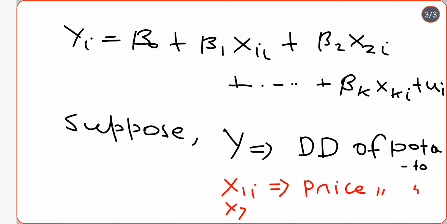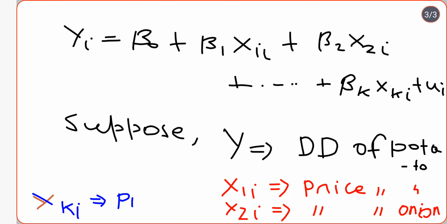Similarly x2i is the price of a relative commodity of the potato, or it is basically the price of onion. So the price of onion can also affect the demand of the potato. And the last one I am talking about is xki. There are other multiple variables in the model, but I am only talking about xki, which is the last variable of the model. That is nothing but the production of potato in that particular year. So these are the variables that we have in the model.